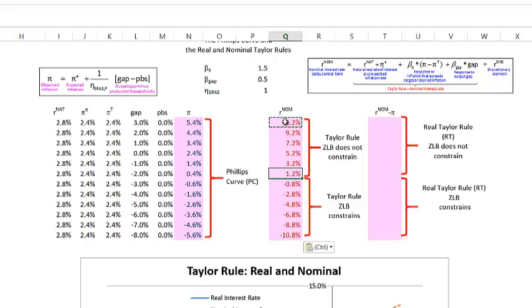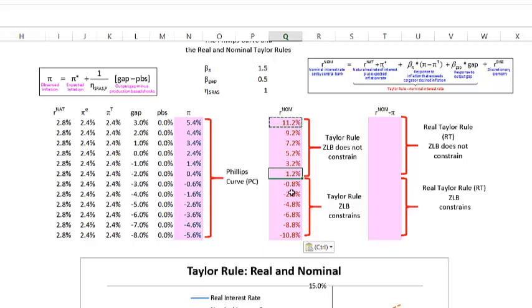You can see that between this higher level, 11.2, and this lower level, 1.2, the zero lower bound doesn't constrain, because the Taylor rule is telling us that our interest rate should be above 0.